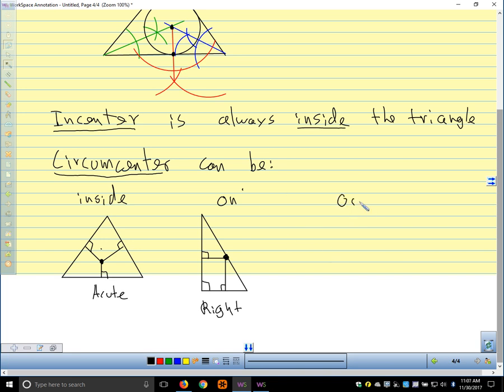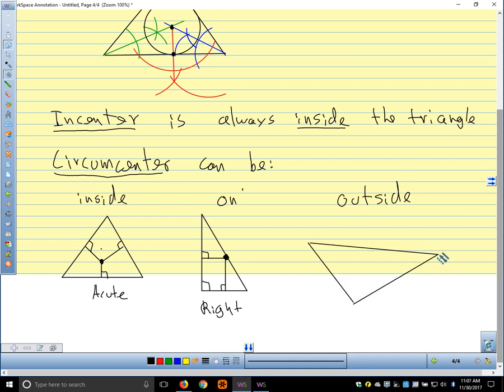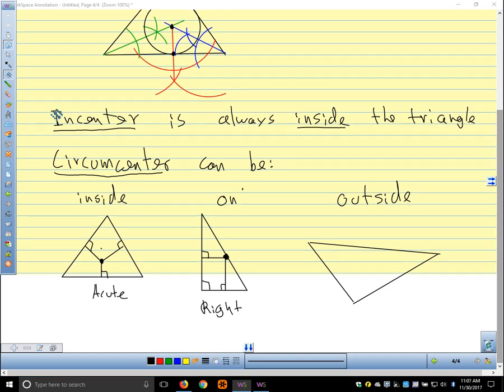And it can be outside the triangle for an obtuse triangle. So we have something like that. The perpendicular bisectors are going to go and be outside the triangle like so.